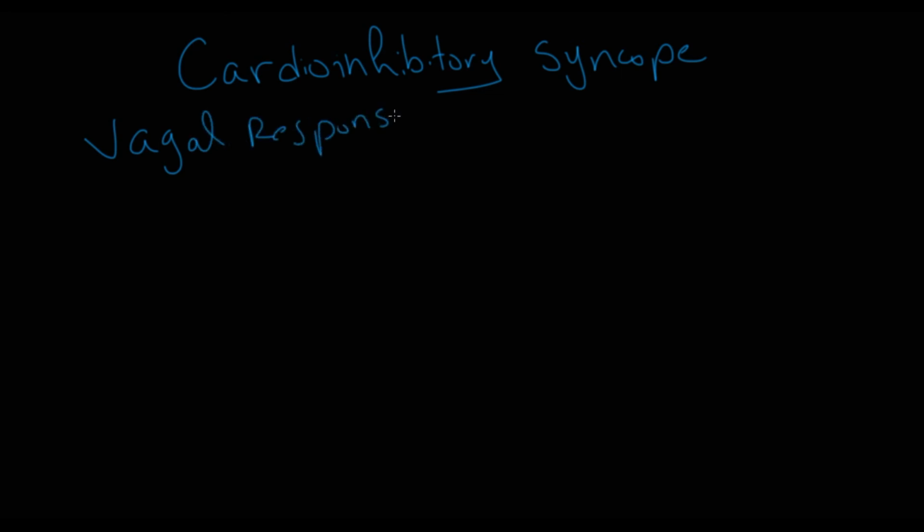And the vagal response means there is a decrease in the sympathetic system and an increase in the parasympathetic system. An outcome of that is going to be a drop in the blood pressure, a drop in the heart rate, or both.